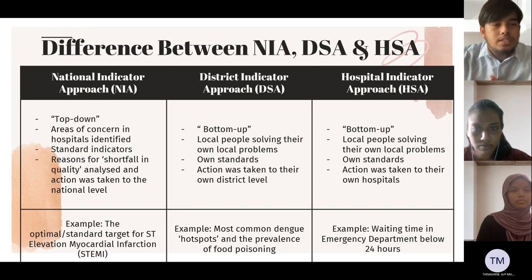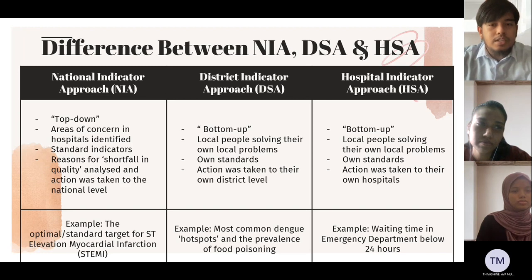So the first one is the national indicator approach. The major difference here is top down and bottom up. Top down is basically from the general to the specific level, and it is to identify the big picture and all its components from head to toe.